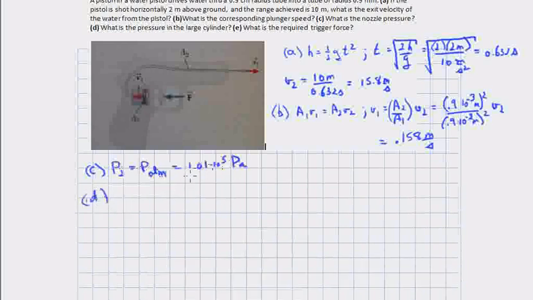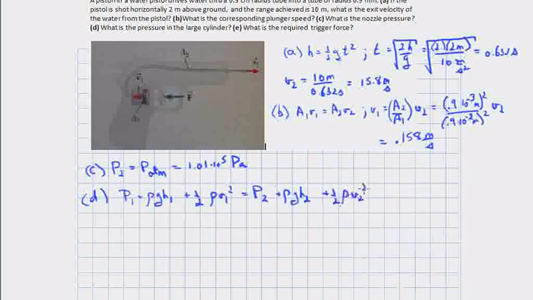What is the pressure in the large cylinder? Okay, well, the pressure in the large cylinder we can get from Bernoulli's equation, P1 plus rho g h1 plus 1/2 rho v1 squared is equal to P2 plus rho g h2 plus 1/2 rho v2 squared.